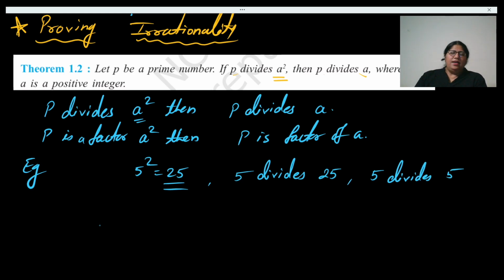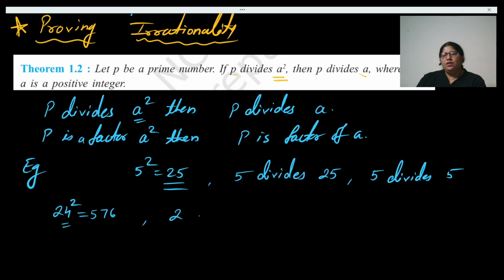Let us take some bigger number so you will understand. If I take any number in square form, say 24 square, which is 576, what is one of the prime numbers which can divide this?